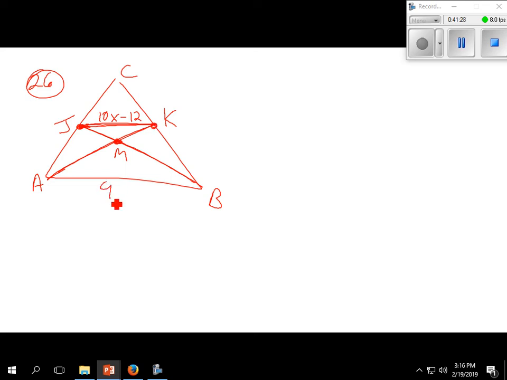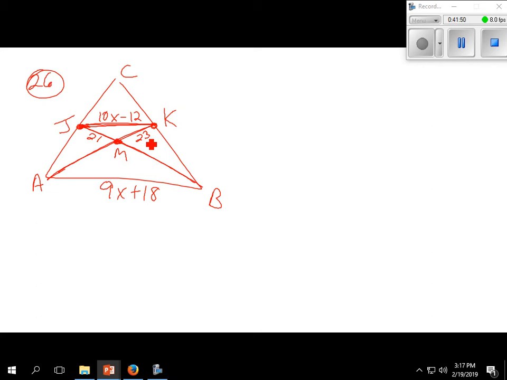They also tell us that this segment down here is 9x plus 18. And they tell us that JM is 21. That's right here. And KM is 23. KM, that's over here, that's 23.